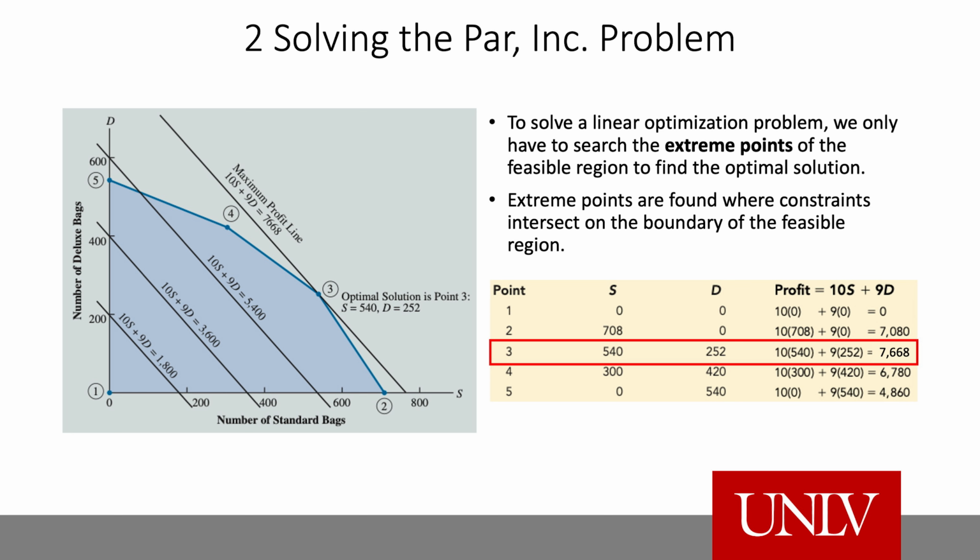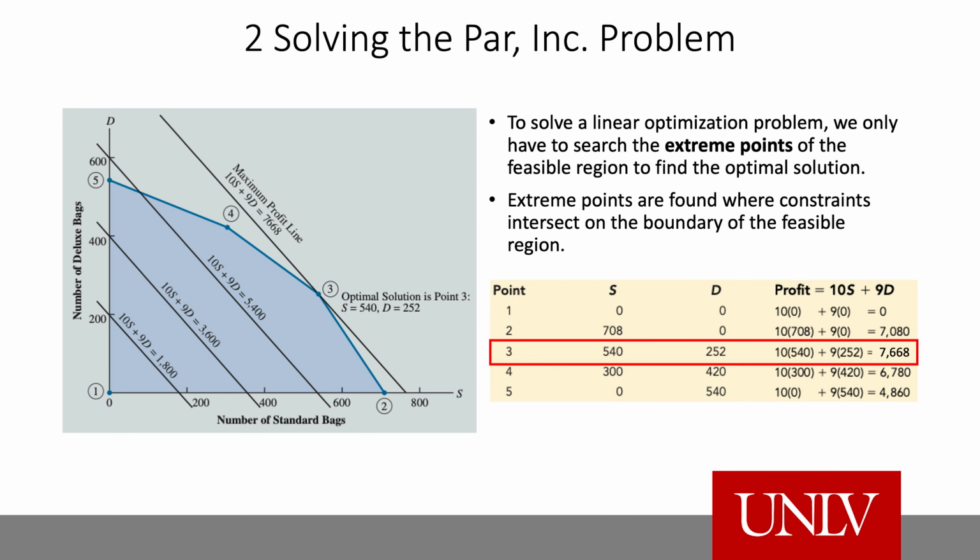Based on this table, we can see that the highest objective is 10S plus 9D equals 7,668, when S equals 540 and D equals 252. So the highest profit is achieved at point 3, and the optimal plan is to produce 540 standard bags and 252 deluxe bags, with the highest profit of 7,668.